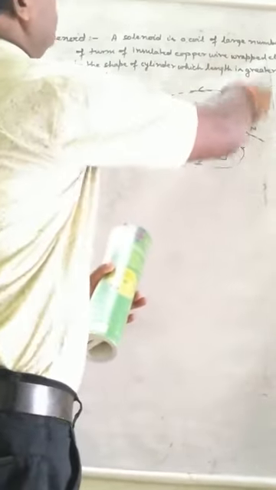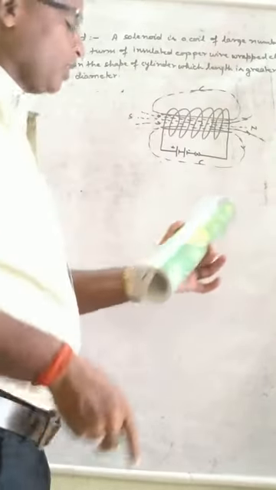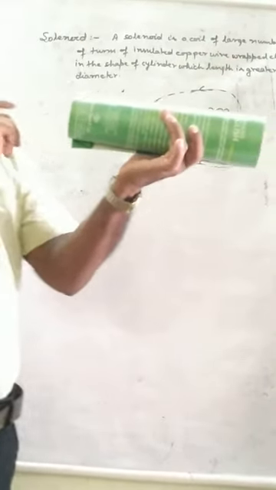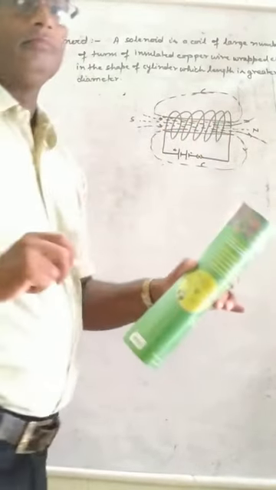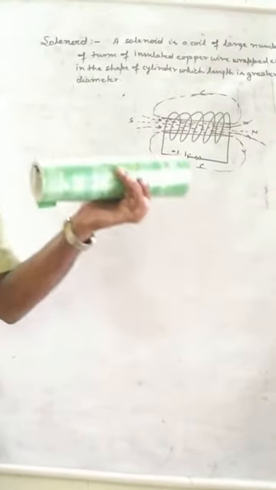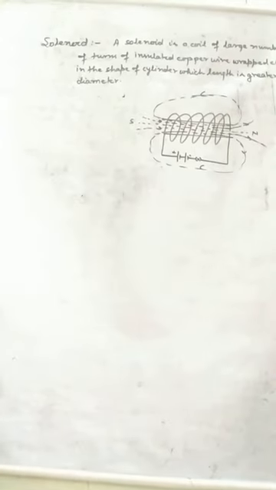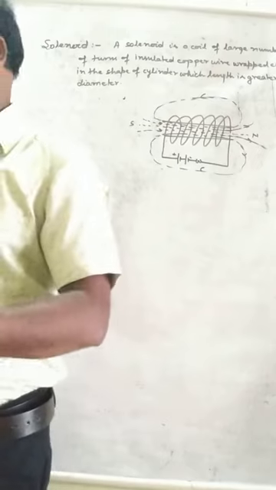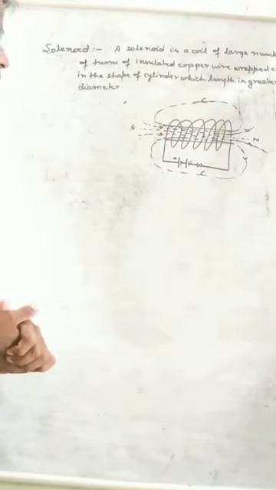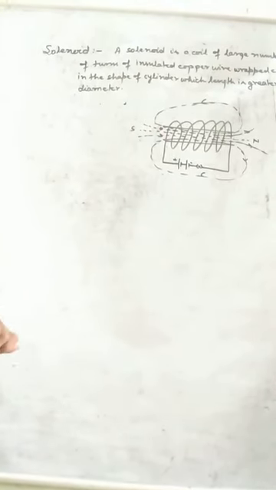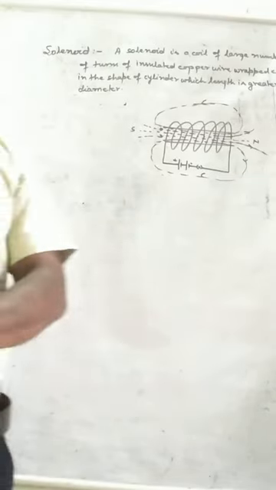Here we get more magnetic field lines. But inside, it is uniform; you see, I am representing straight lines inside. So in a solenoid, you conclude that the magnetic field due to a solenoid is more outside the solenoid and uniform inside the solenoid.